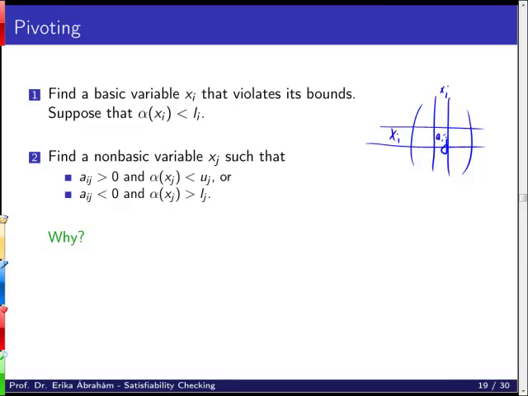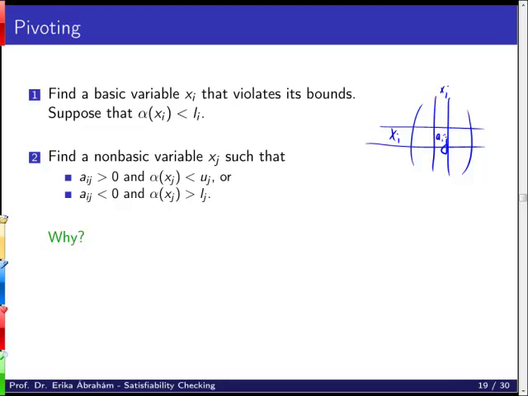Because if it is at its upper bound and I will increase it, then the whole thing I will have to decrease with the same value, at least with the same value again. So such variables, we say that they are not suited for pivoting. So in this case, I search a variable xj whose value is strictly less than its upper bound.